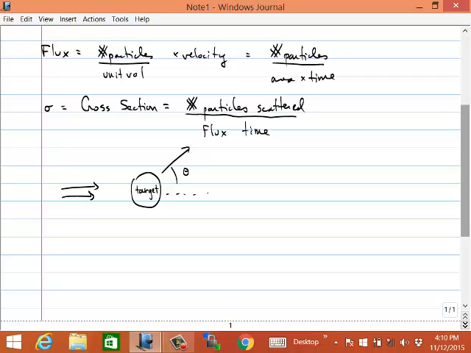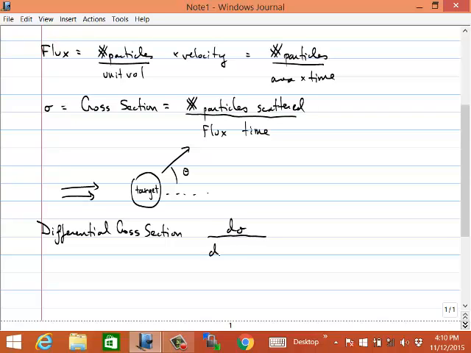So when we talk about the cross-section as a function of scattering angle, what we really mean is we're talking about a differential cross-section, typically denoted d sigma. And in general, if you just have one particle, you might only care about the single angle theta at which that particle is scattered.